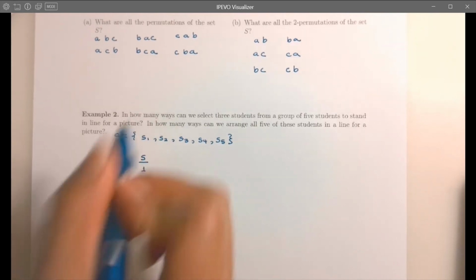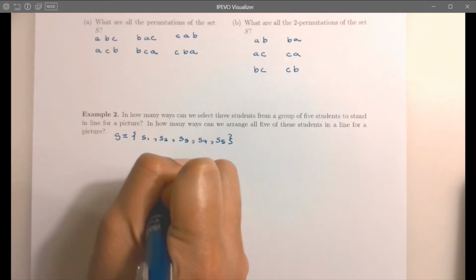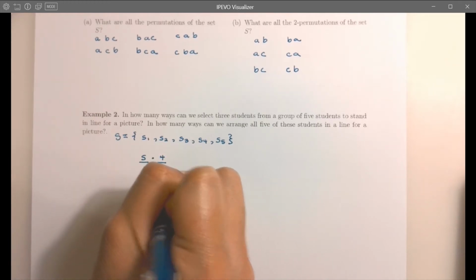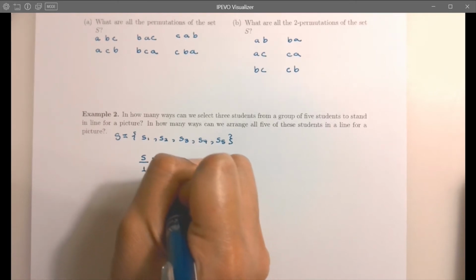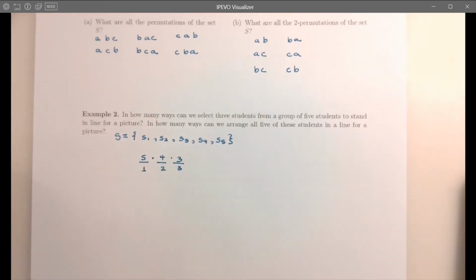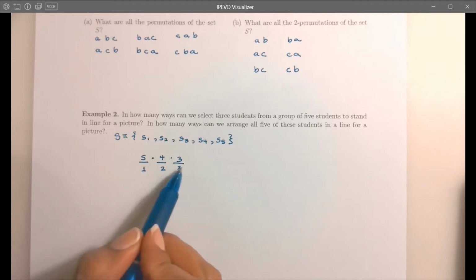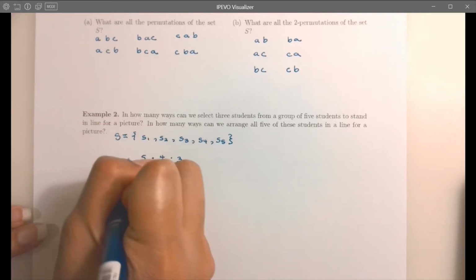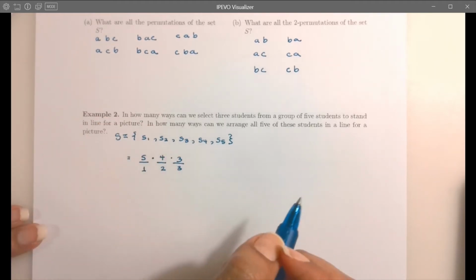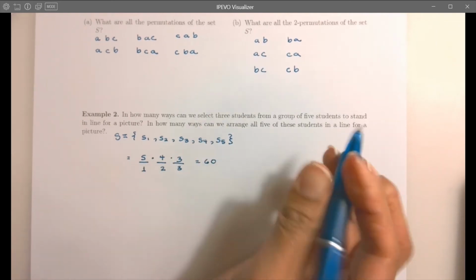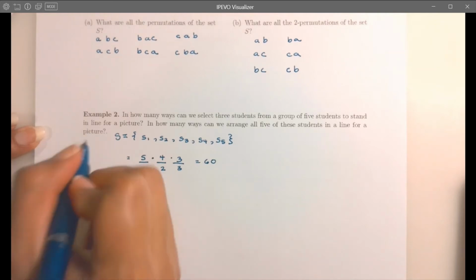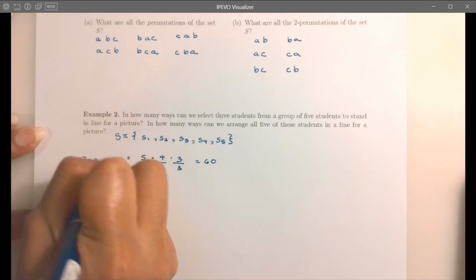And then once we've placed that student, we would have 4 remaining options for second place in line. And then for third place in line, we would have 3 students left to pick from. So the final number of ways to pick 3 students to stand in line would be 60. So this would correspond to all 3 permutations.